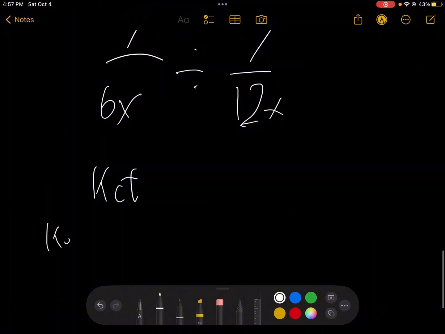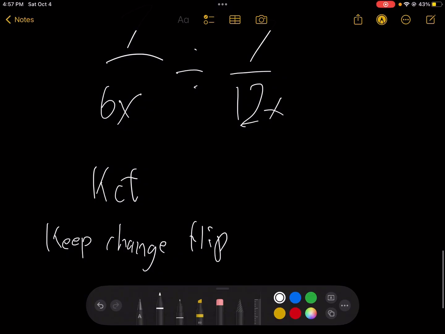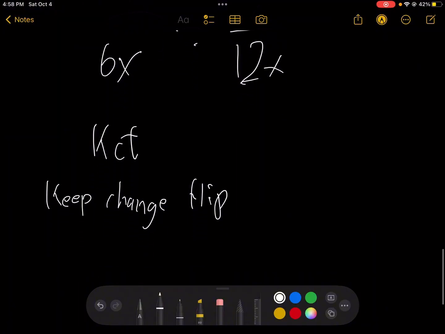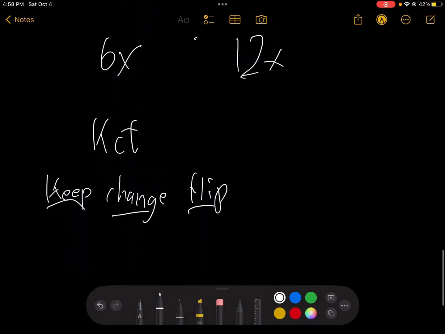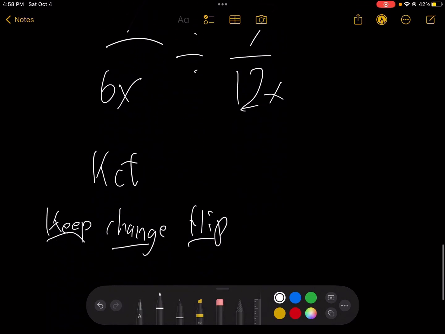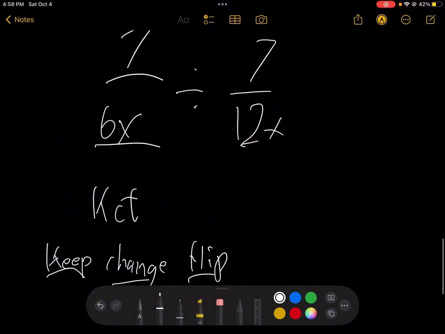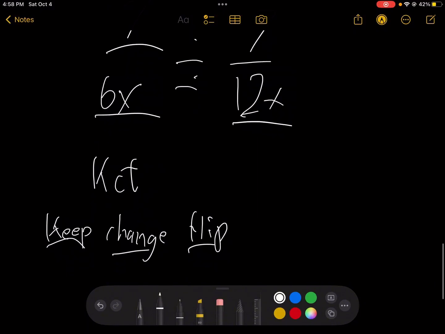Keep, change, flip. I told you there was only one step, but this could also be seen as one step, but it would be easier for you to remember keep, change, flip. So what this means is you keep the first one, you change the sign, and then you flip this.